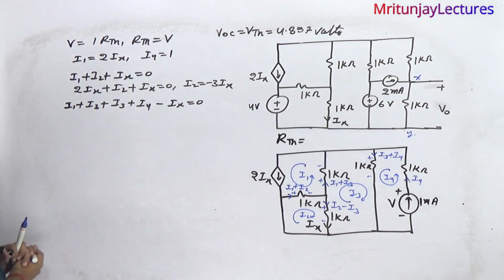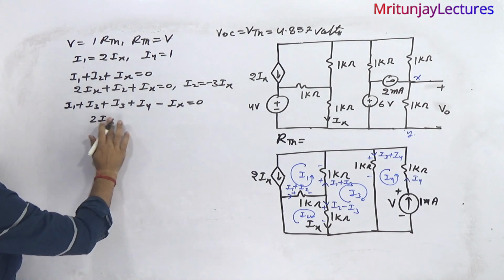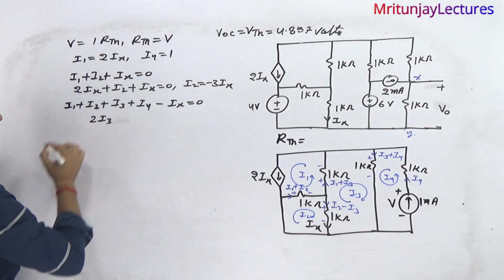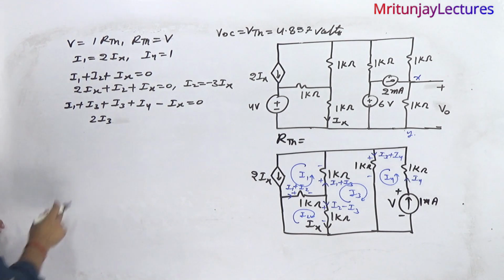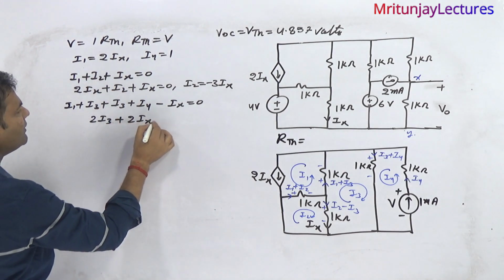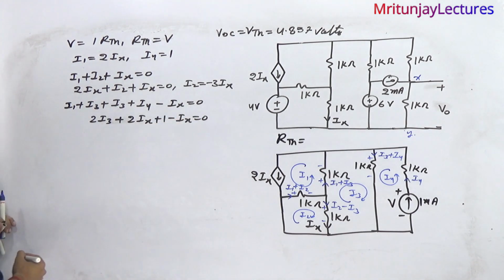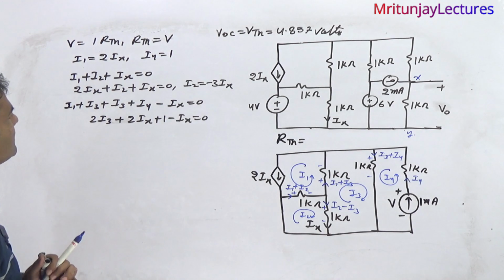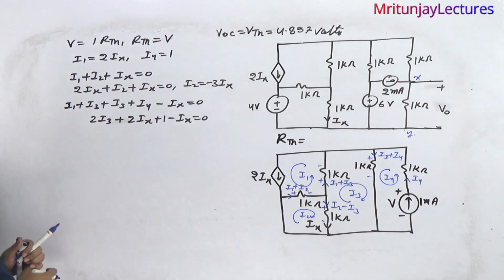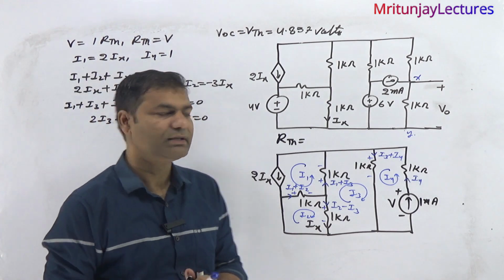So 2I3, I1 plus I4, I1 is 2Ix, I4 is 1 and Ix, this is equal to 0. Clear? Clear or not? Our next target is to determine I3.